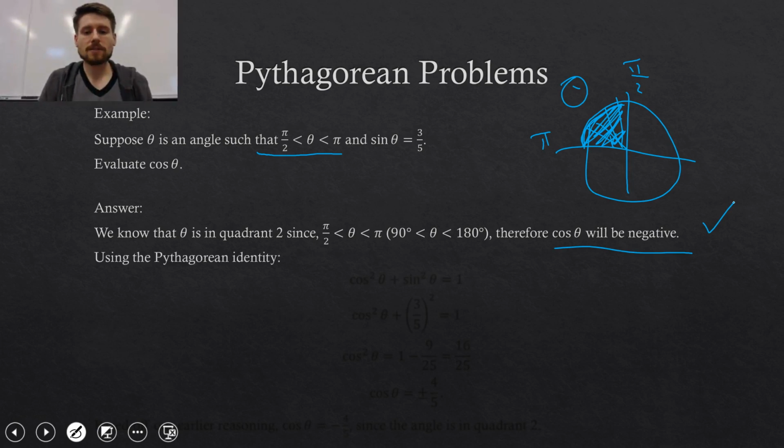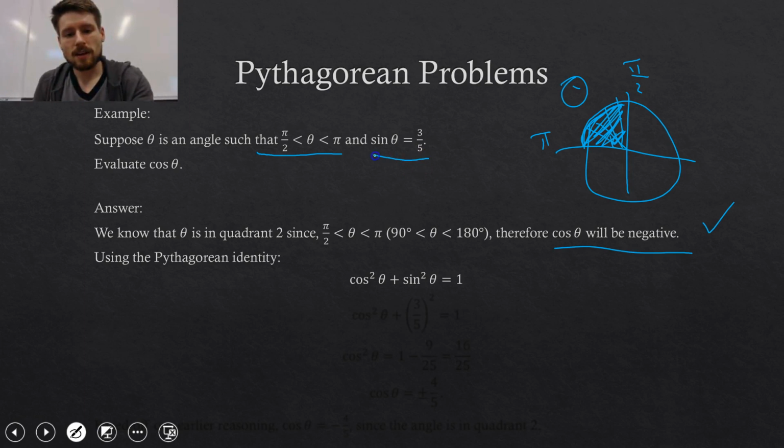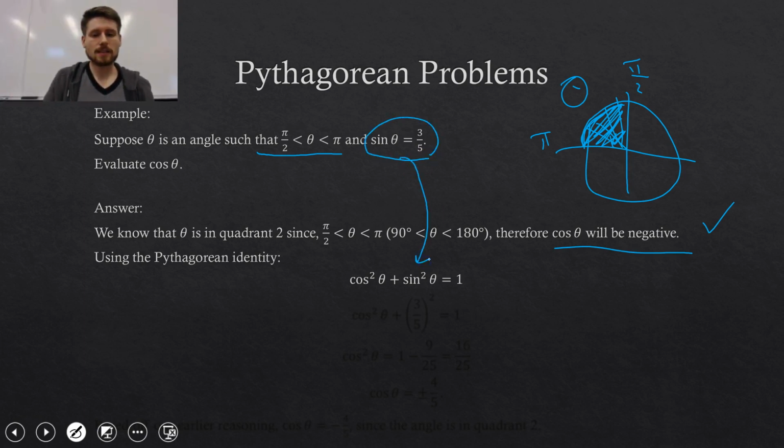We're going to use the Pythagorean identity. We know the sine of theta is 3/5. The Pythagorean identity says cosine squared plus sine squared is equal to 1 for any angle. So we substitute sine of theta equals 3/5 into the identity.